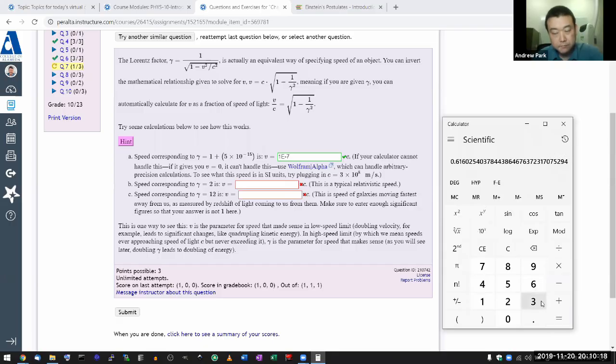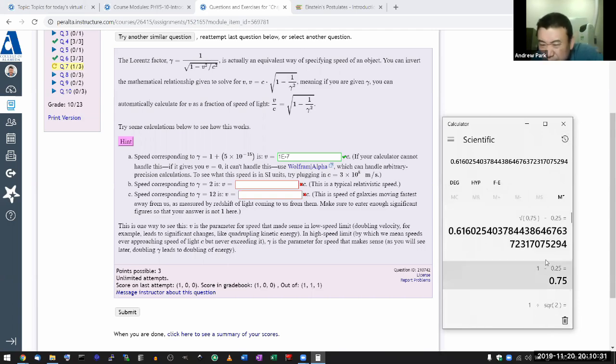And wait. That number is not right. That is weird. It subtracted the minus 0.25.